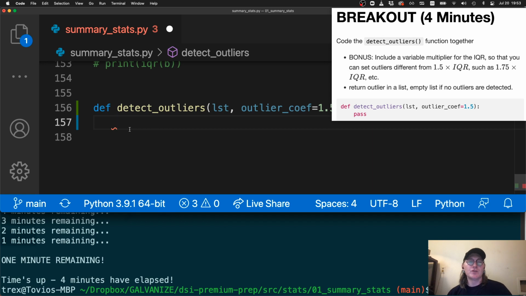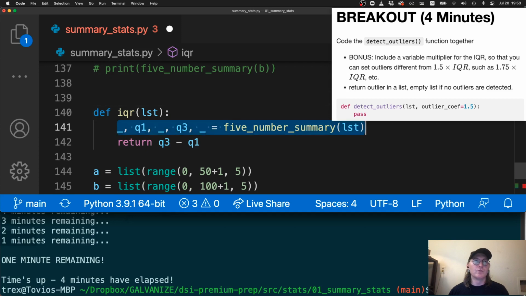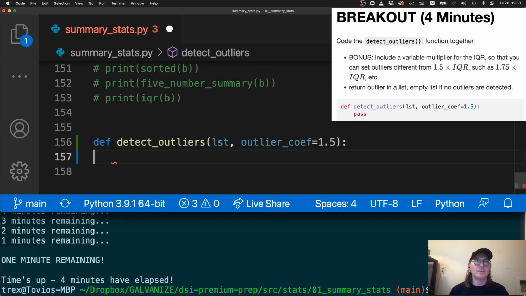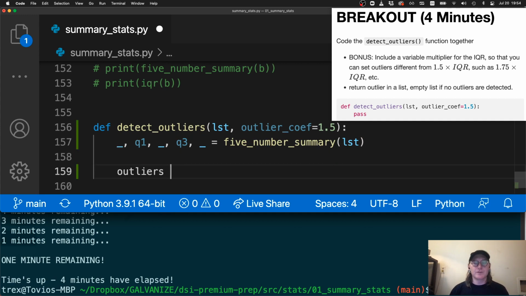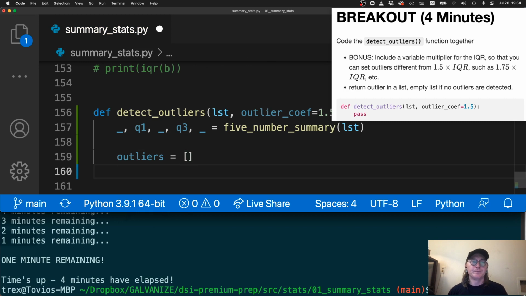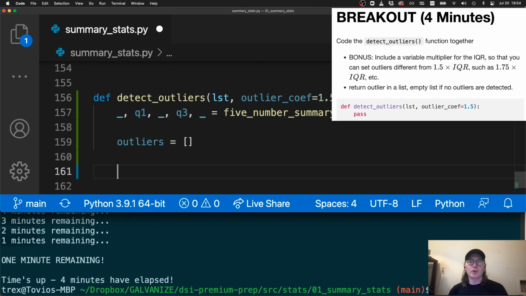So if we are trying to determine 1.5 times the IQR above Q3, then we need some things, right? We need Q3, so we can just reproduce this little bit of code up here, and we can go from there. All right, so outliers is going to be an empty list. And we can check every number in our list, okay?